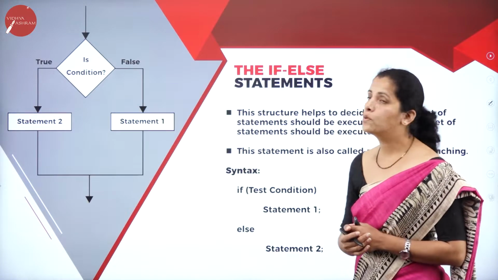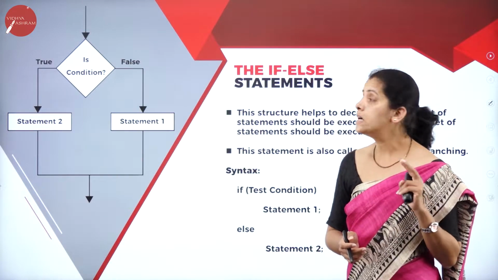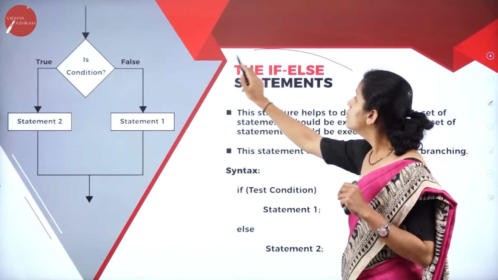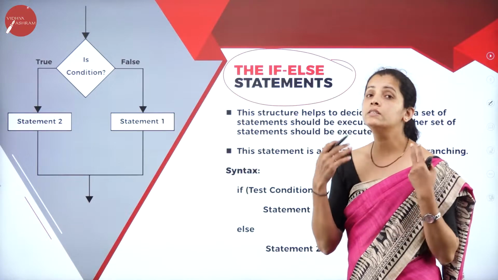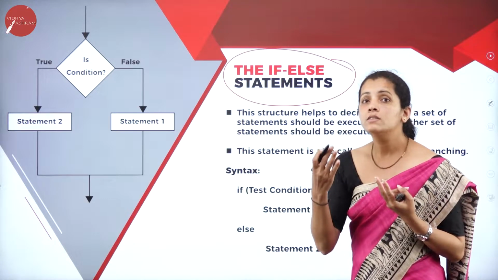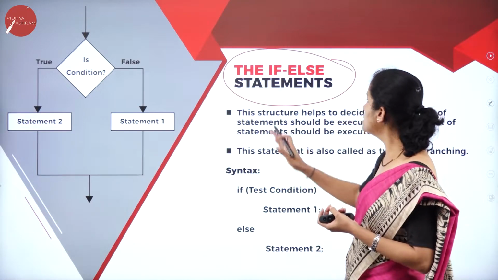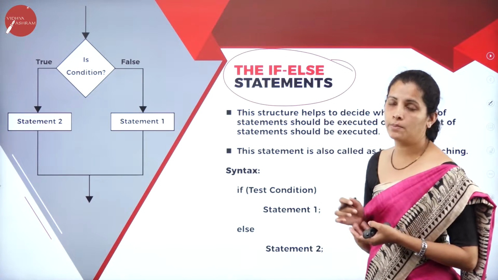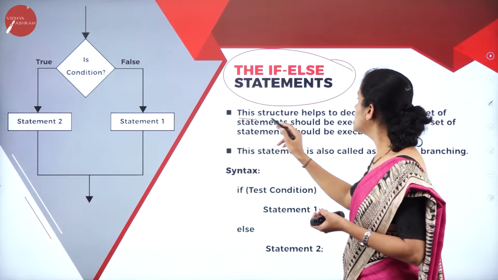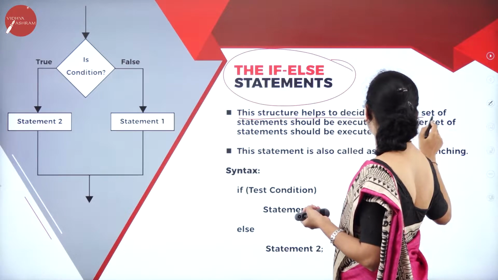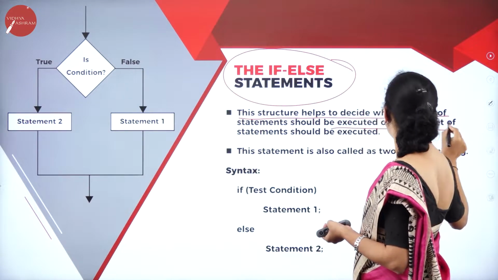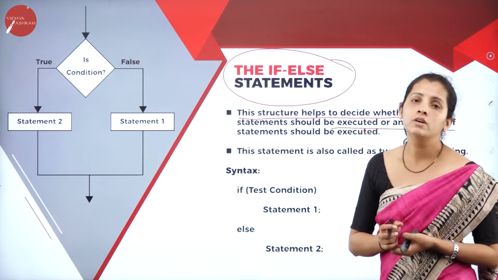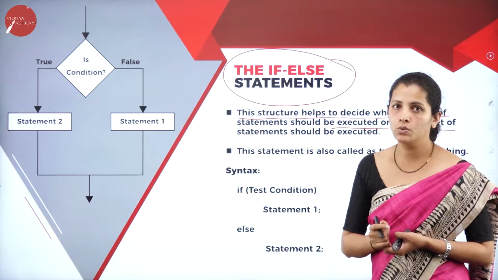Moving further, I'm going to have the second type of selection statement, that is the if else statement. So this structure helps to decide whether a set of statements should be executed or another set of statements should be executed.